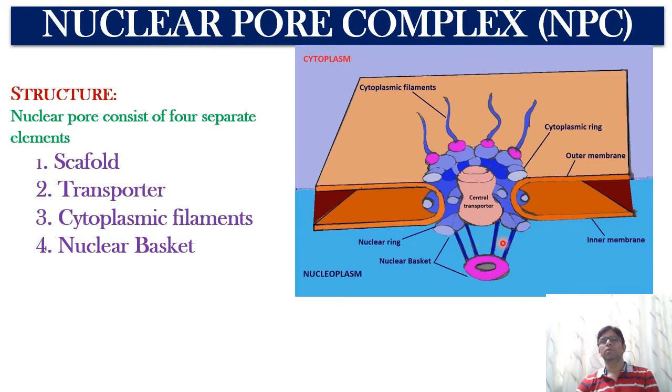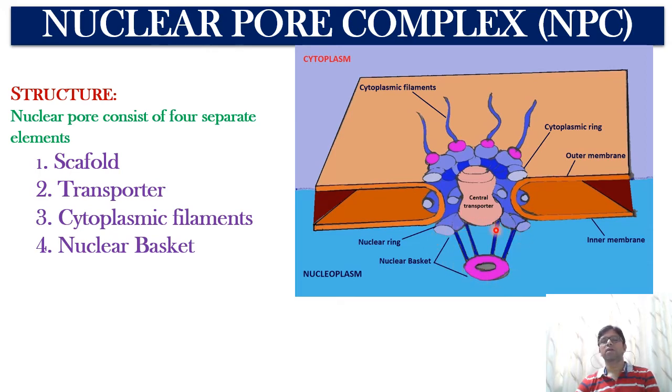These elements extend between the nucleoplasmic ring of the pore and a small ring which is present within the nucleus and which measures about 60 nanometers in diameter. This whole structure is called the nuclear basket.